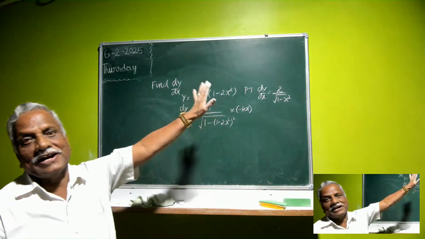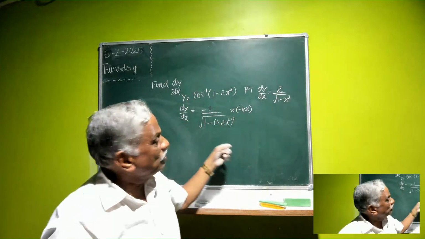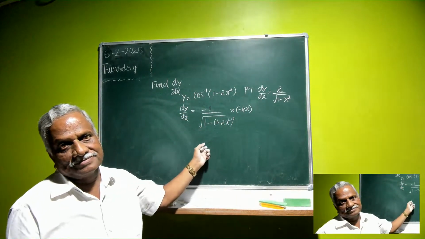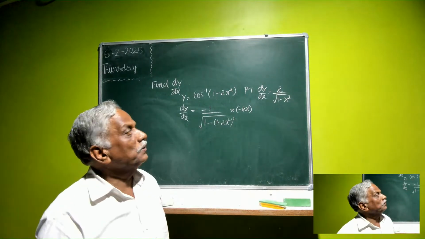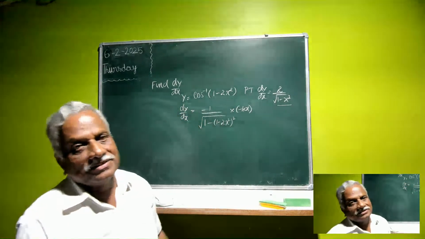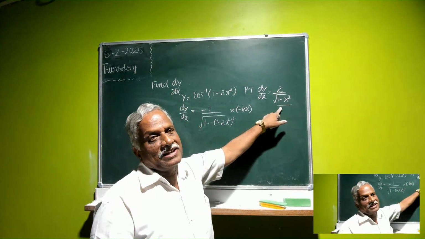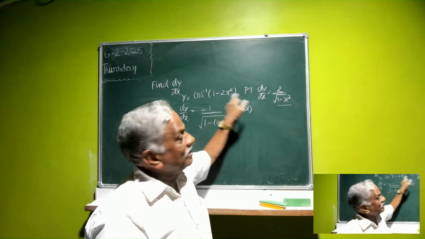If it is given as find dy by dx, and if it is given as prove that, you will not get the complete marks even if I prove that. In the last classes I told you, if they give the answer, it's an indication. If 1 minus x square is there, it is either sine or cos. So I put cos, I won't get it, but let's put sine.